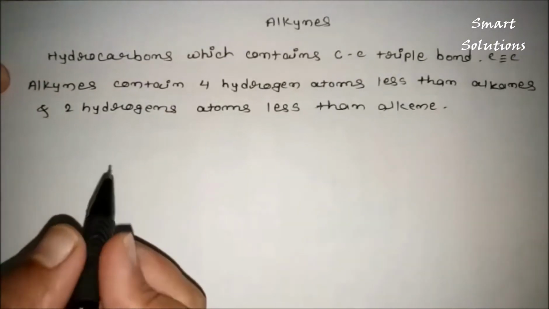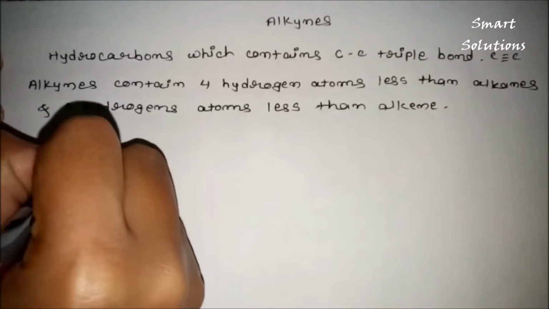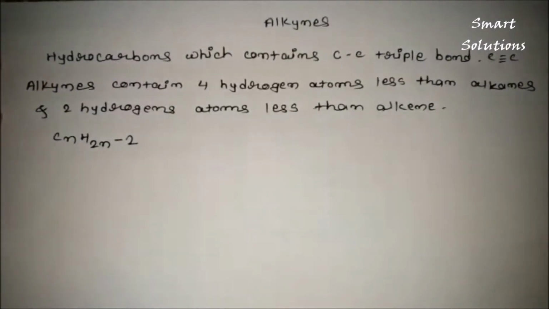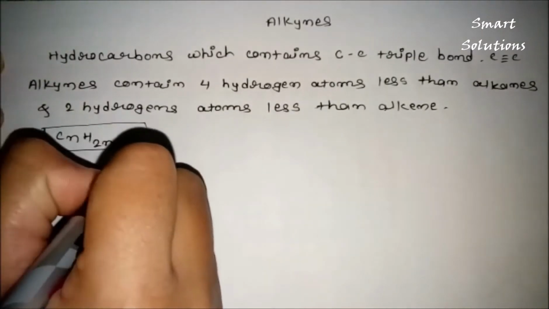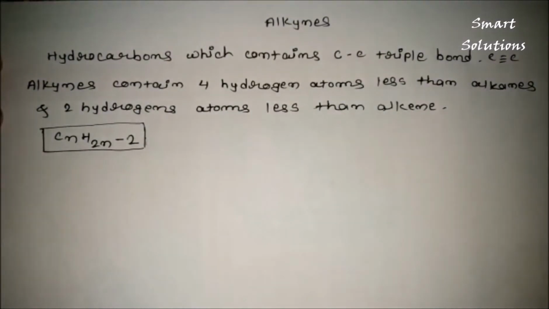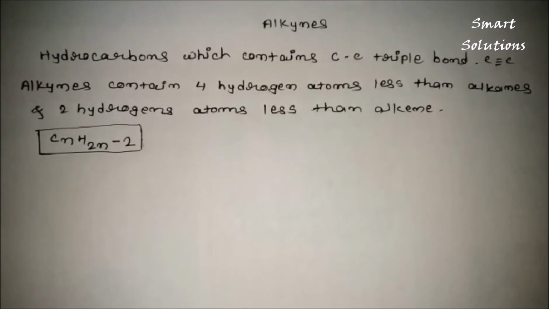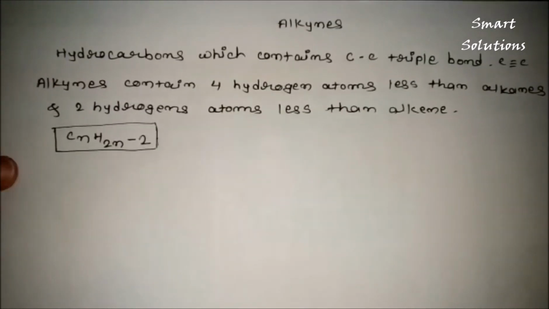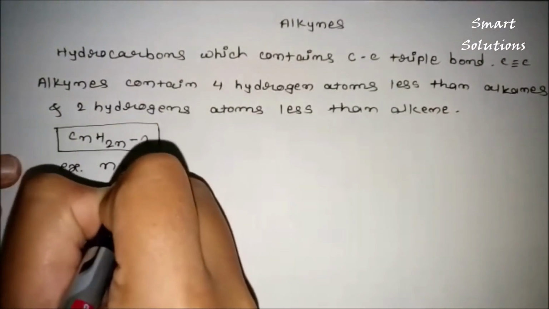So the general formula for alkyne is CnH2n minus 2. This is the general formula for alkynes. So we know what is meant by n, H and C. First we take one example. n is equal to 2.